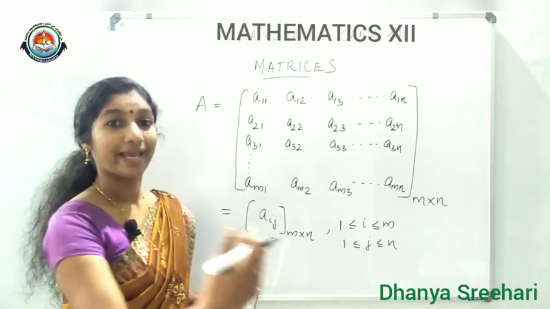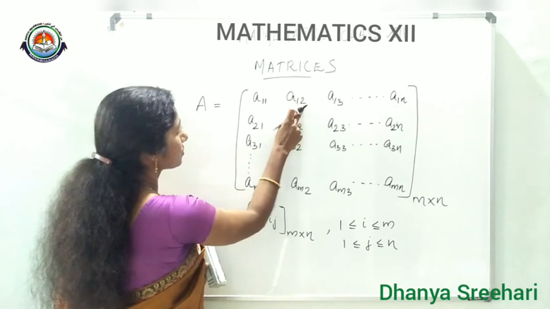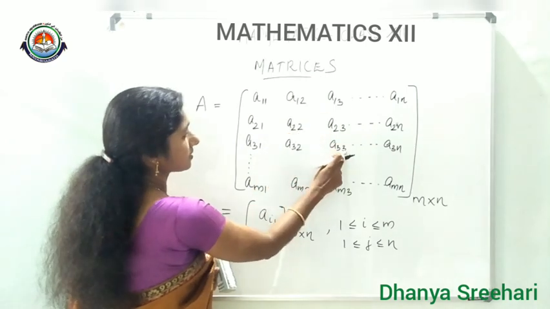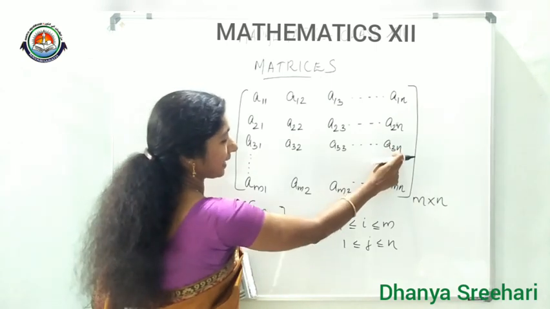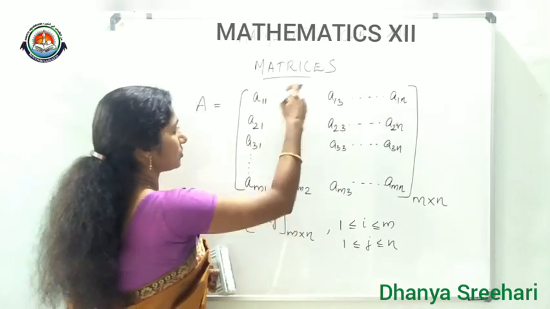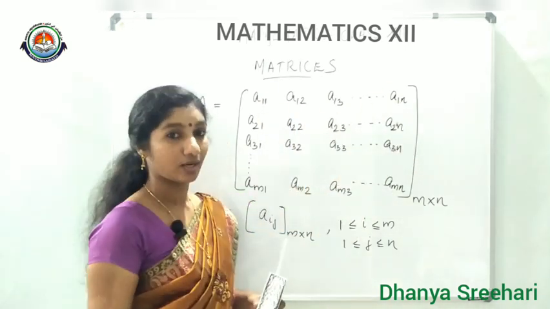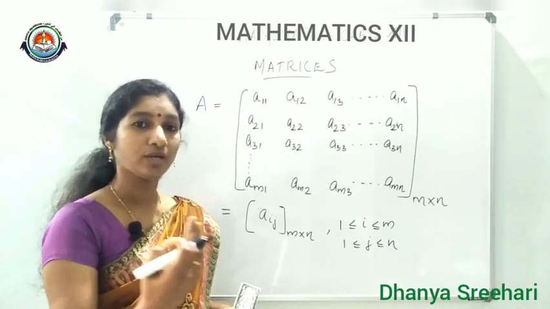So I from 1 to m. Okay, first to mth row. And columns j, that means the second one: 2, 3. Here this is the second column, this is the third column, this is the nth column. So how many columns are there? 1 to n, 1, 2, 3, etc. n columns are there. So j from 1 to n, first column to nth column.